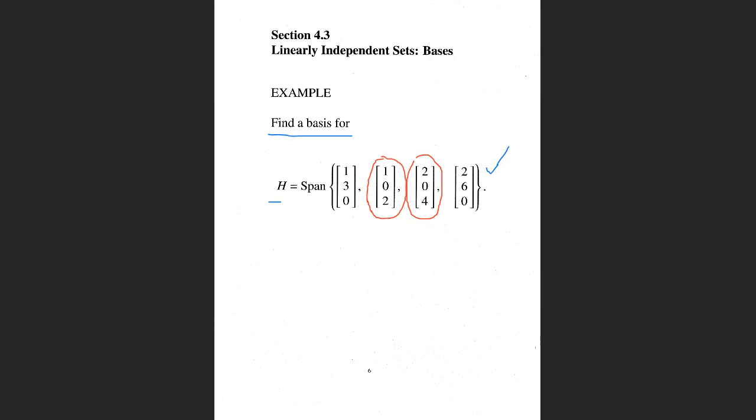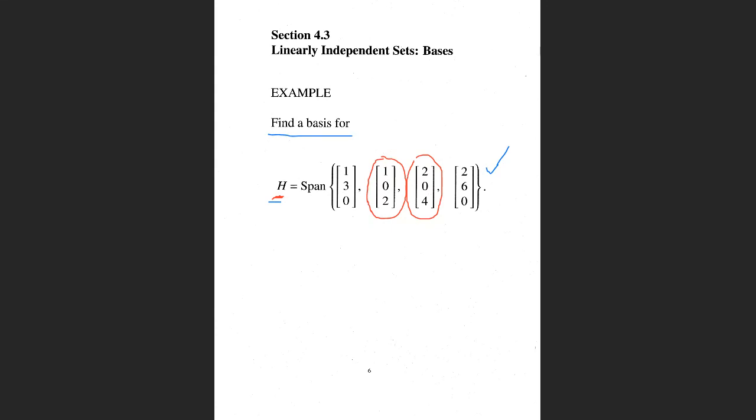That's right, Benjamin. The vectors are scalar multiples of each other. So if we want a basis for this subspace H, do we need both of those vectors?